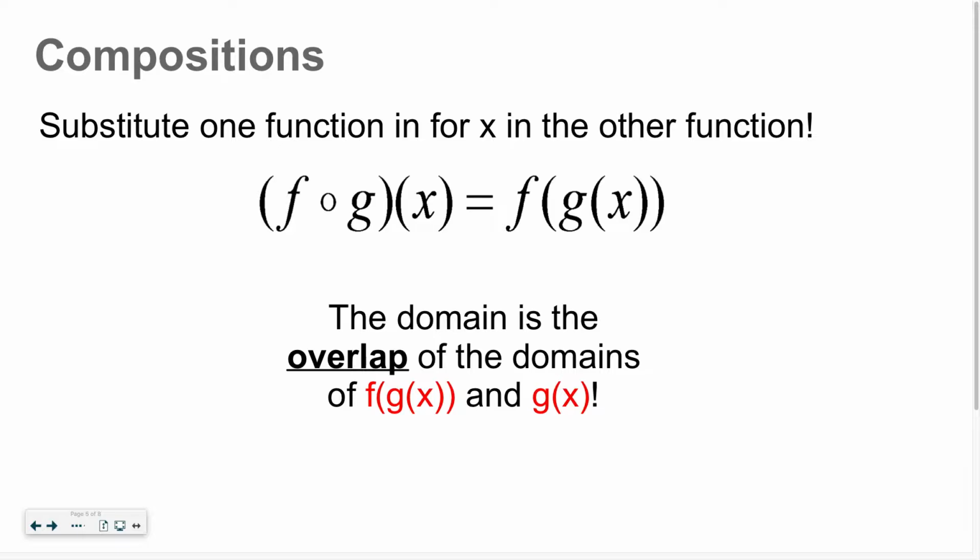Your domain ends up being the overlap of the domain of your composition answer and the domain of your input function g of x. We'll see this play out in our example when we need to shrink our domains.